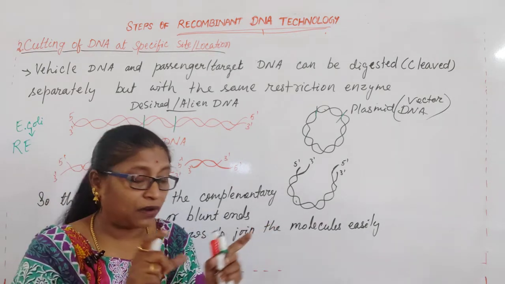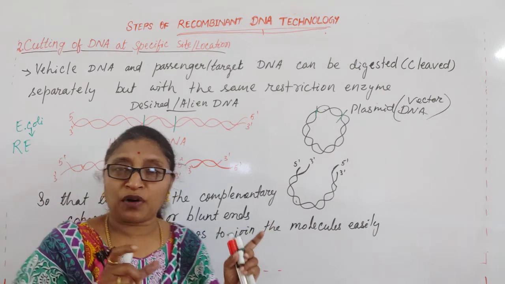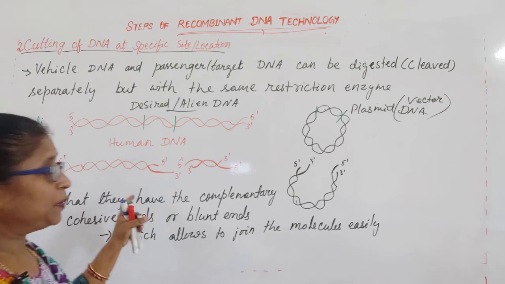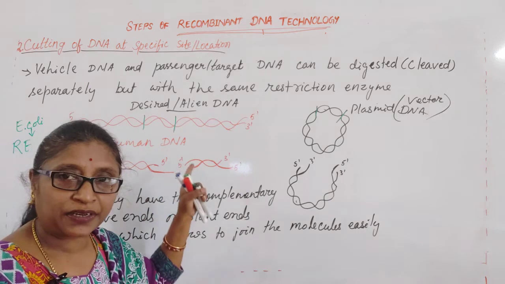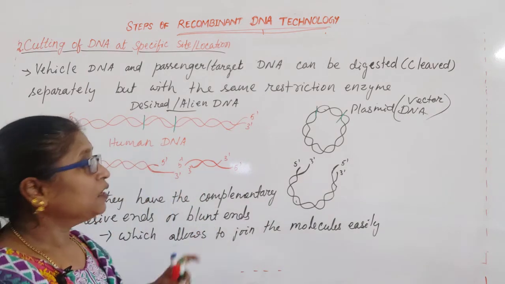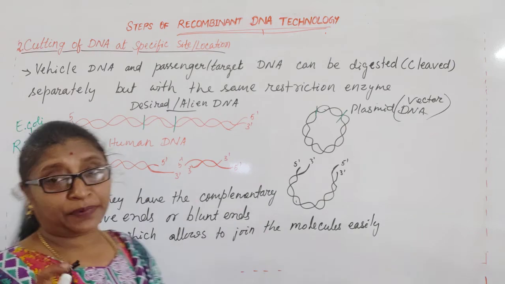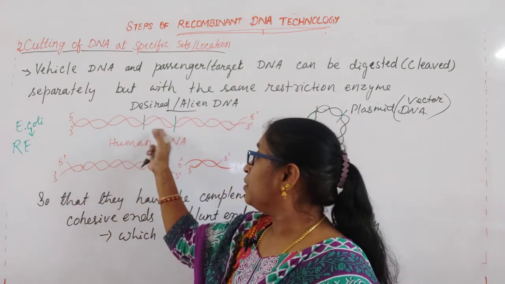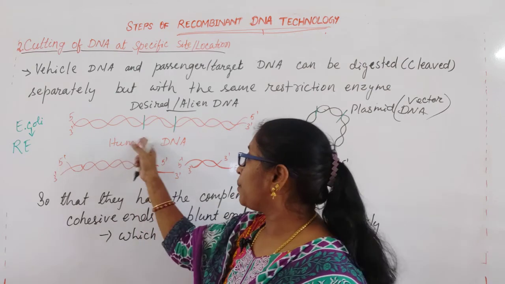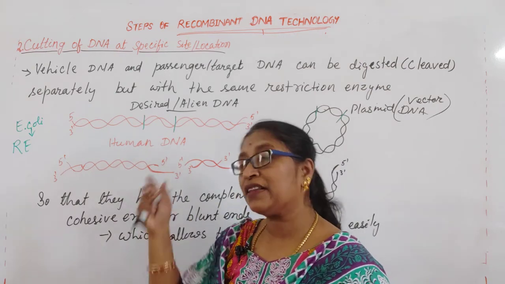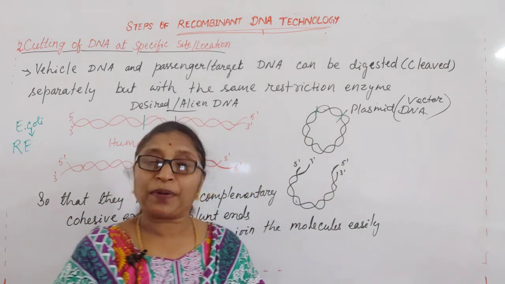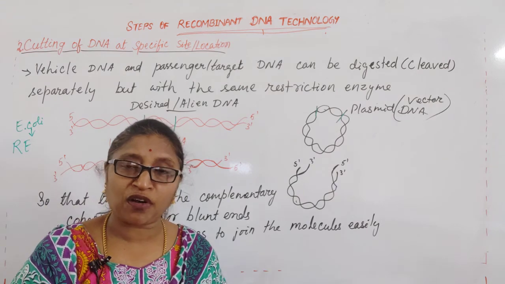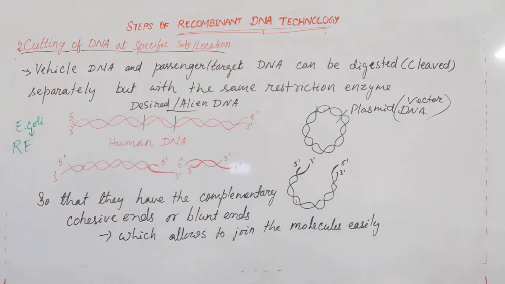The number of DNA segments found depends on whether it has repeated units or a single unit. If it is cut from any middle point, a number of fragments are there, and we have to collect these fragments. So how to separate these fragments? Separation of fragments is done by gel electrophoresis. Let us discuss gel electrophoresis.